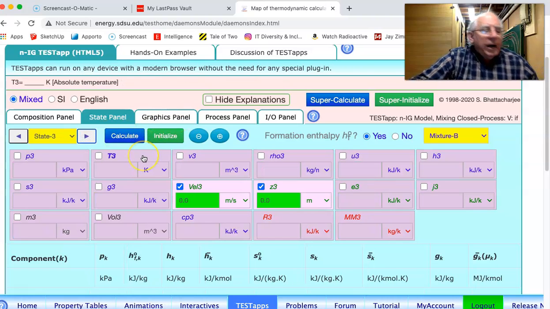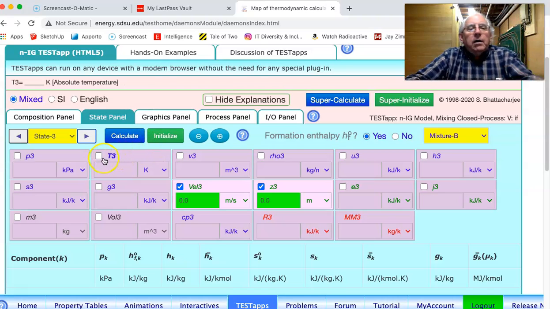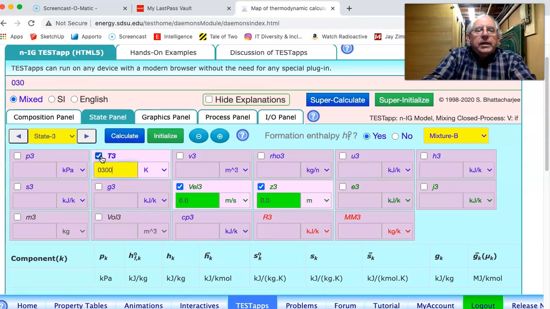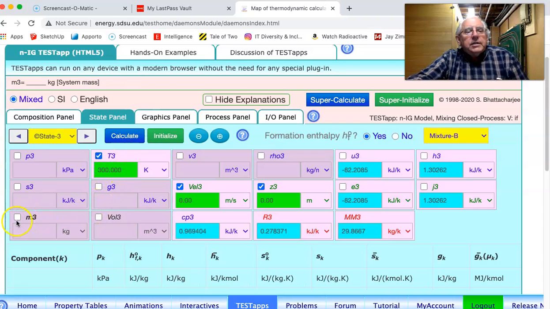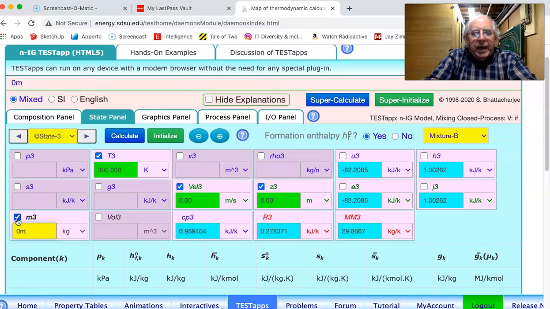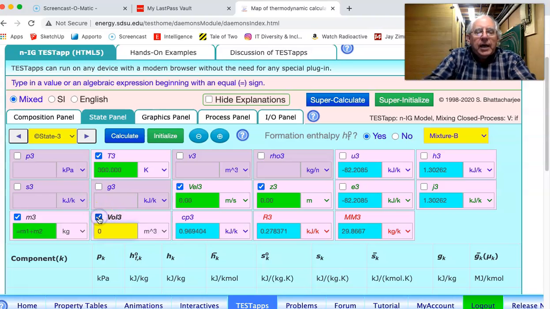What we know about the final mixture is that the temperature eventually gets down to 300 Kelvin. And because of the conservation of mass, the two masses have to add up to the third mass, and they all occupy the total volume.